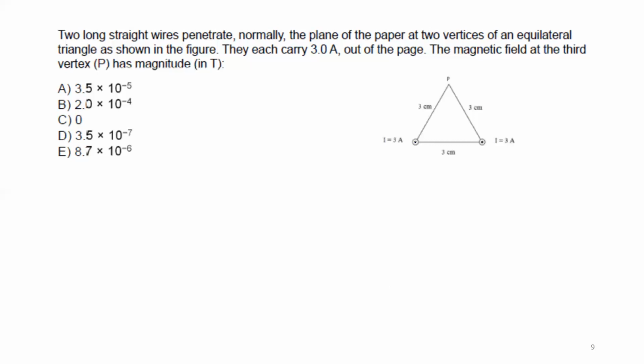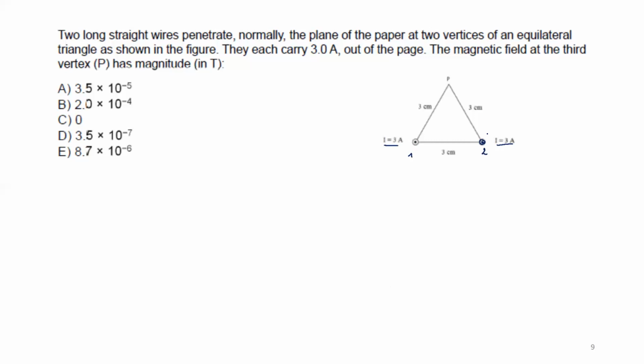So what do you see here? Of course, these 2 currents are pointing out, coming towards you, and the current is 3 amp. Now they will create a magnetic field. Let's call this wire 1 and this wire 2.